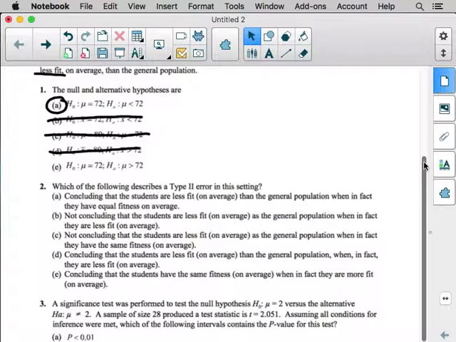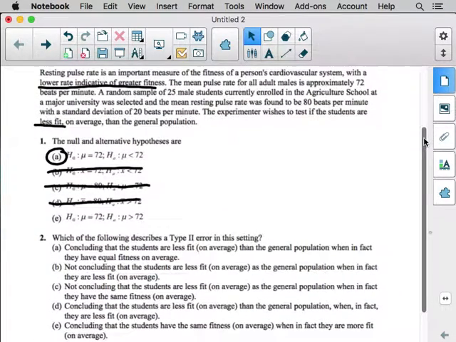So, type 2 error. Type 2 is where you don't get the evidence that you should, but you really should have, right? You don't get evidence, but you should have actually gotten it. So us not getting our evidence is saying we didn't get evidence that they're less fit, but the people actually are. That's the error in it, right?